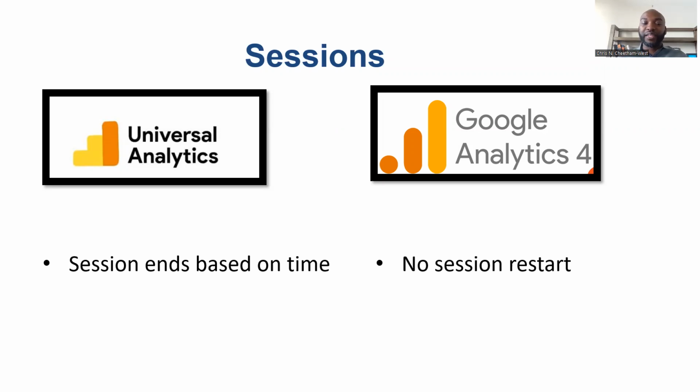That session probably ends. Whereas in Google Analytics 4, there's really no session restart. So a person goes to your website and decides to go to lunch, they come back an hour later and get back on your website, and that session still keeps going.